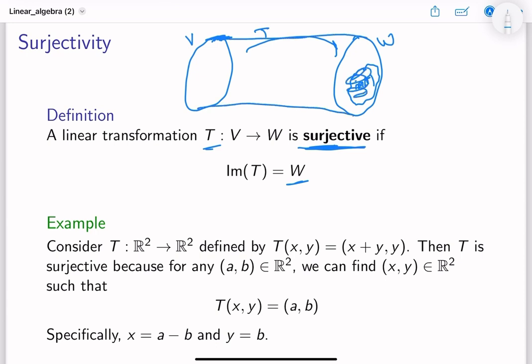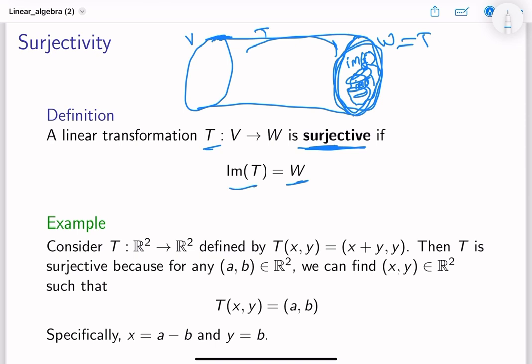So this whole thing is the image, because the image is equal to T of V. So this is what it takes for a linear transformation to be surjective. And I remind you, one important thing about the image.